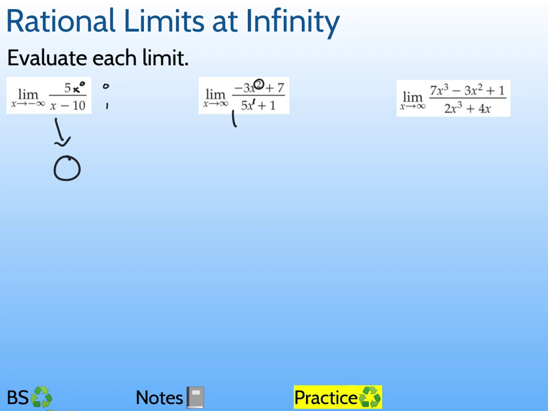That means the power of the top is greater than the power of the bottom, which means this limit does not exist. And here, you'll see that we have x cubed and x cubed, so essentially we can kind of ignore these and then just focus in on this, and our limit as x goes to infinity is just 7/2.